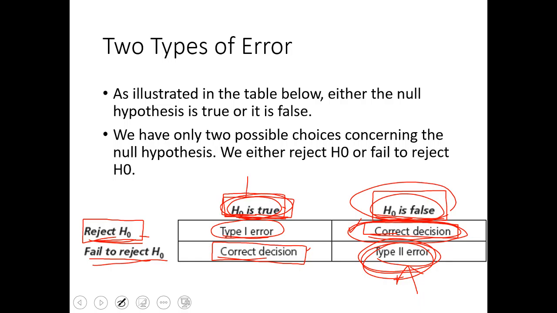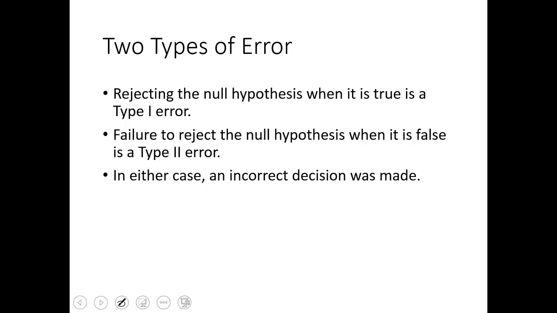So if the null hypothesis is true, but you reject it, then you have a type 1 error. If the null hypothesis is false, but you fail to reject it, then you have a type 2 error. Rejecting the null hypothesis when it is true is a type 1 error. Failure to reject the null hypothesis when it is false is a type 2 error.